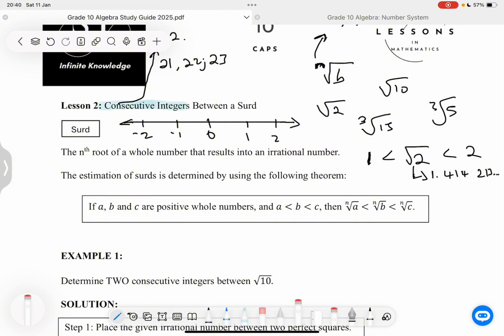But you can see from this decimal form of this number that it is actually 1.41. It's a number that is between 1 and 2. In fact, if I were to draw it on the number line, it's a number that is somewhere here, right?